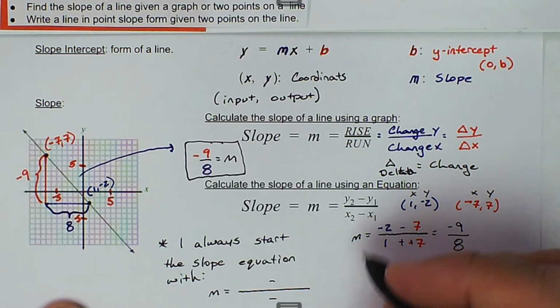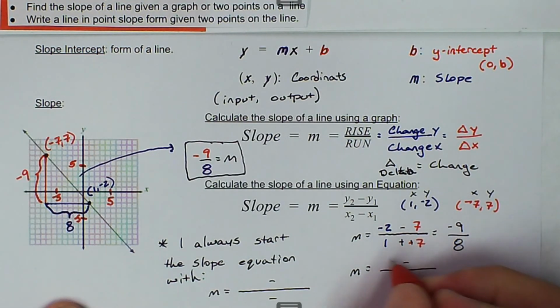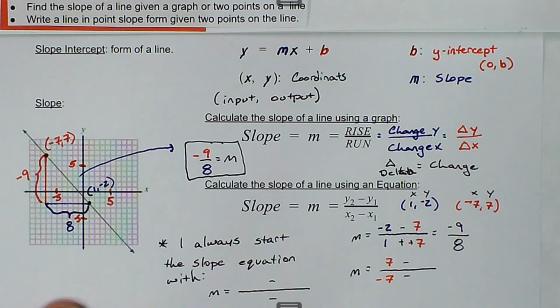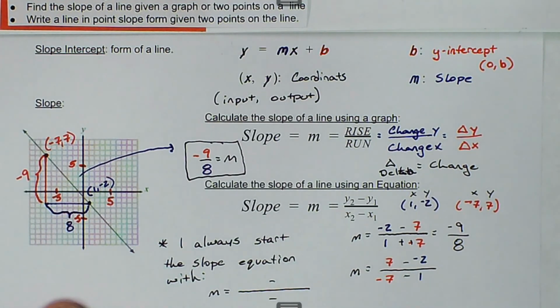And then I told you earlier that it doesn't matter which one comes first, and it doesn't matter. So we'll go ahead and find the slope starting with the other point first. So that becomes 7 over -7, and then -2 over 1.